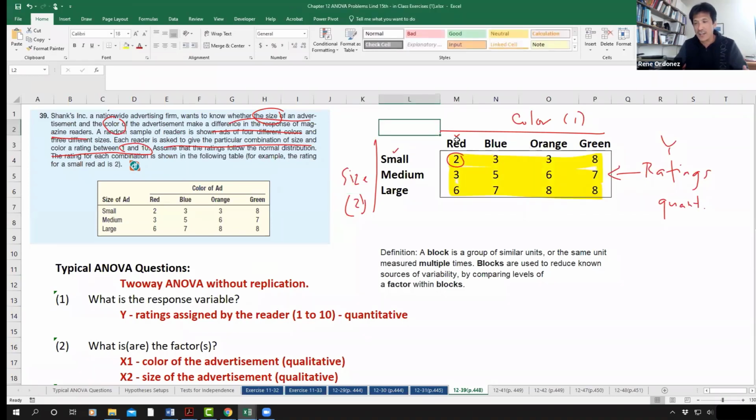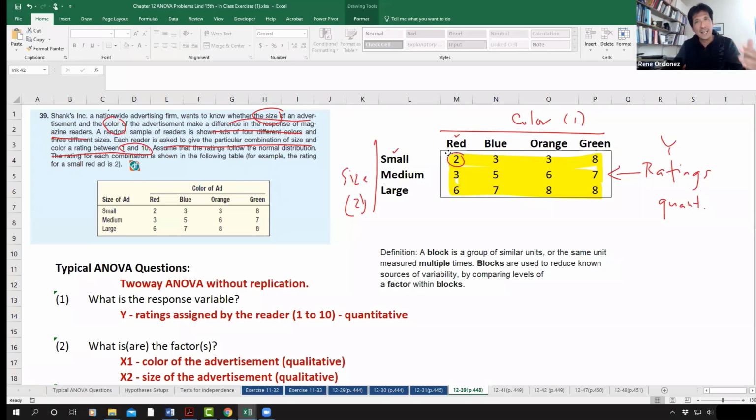For instance, there is only one observation here for the combination of red and small. If you have 2 or more observations in each combination of factor A and factor B level, then we're dealing with what is known as a two-way ANOVA with replication.